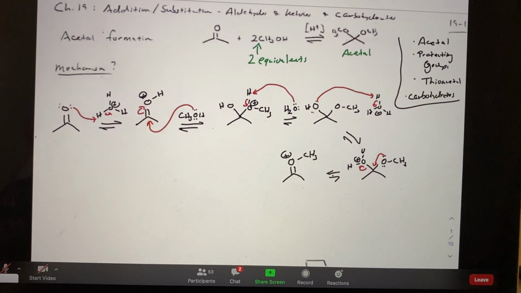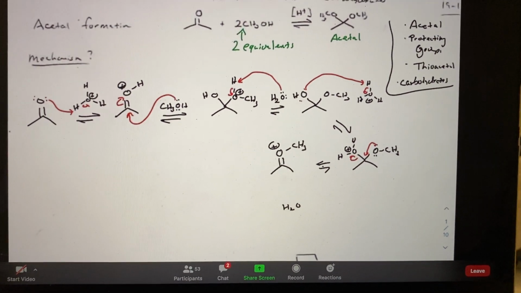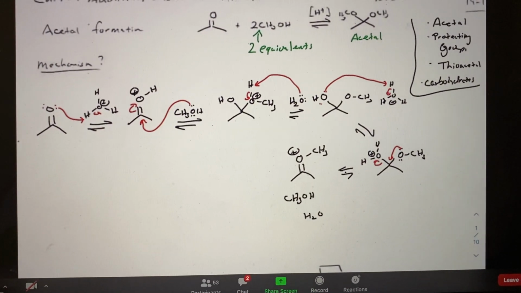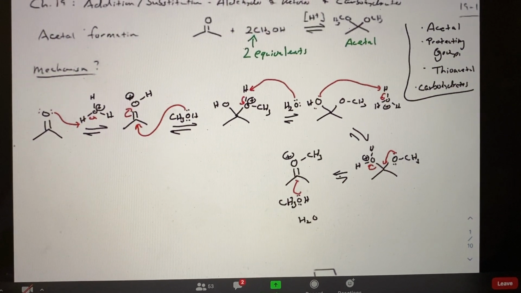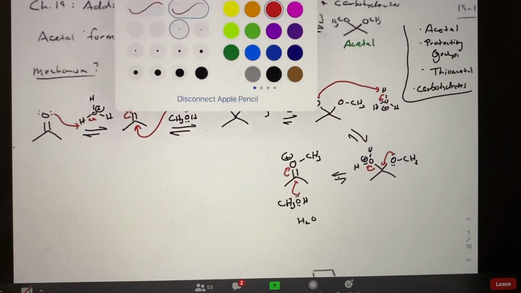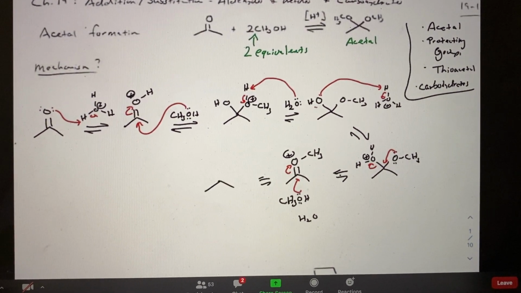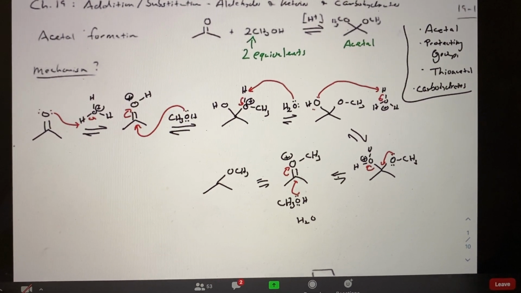So we have this. We've lost water. Put water down here. And now what we can do is have another equivalent of methanol attack. And let's just put the original methanol over here.